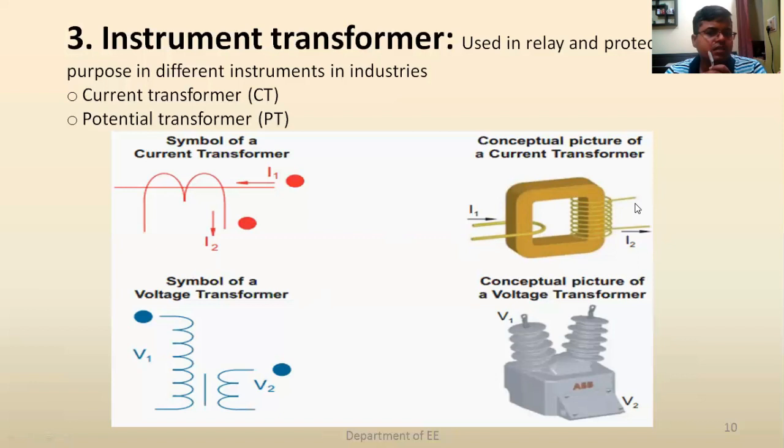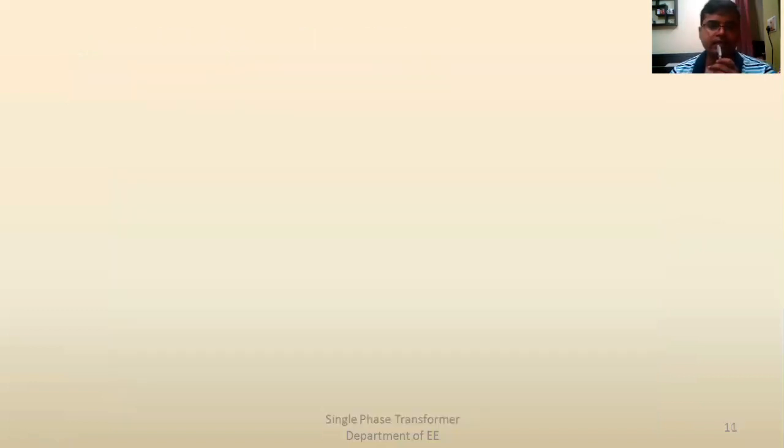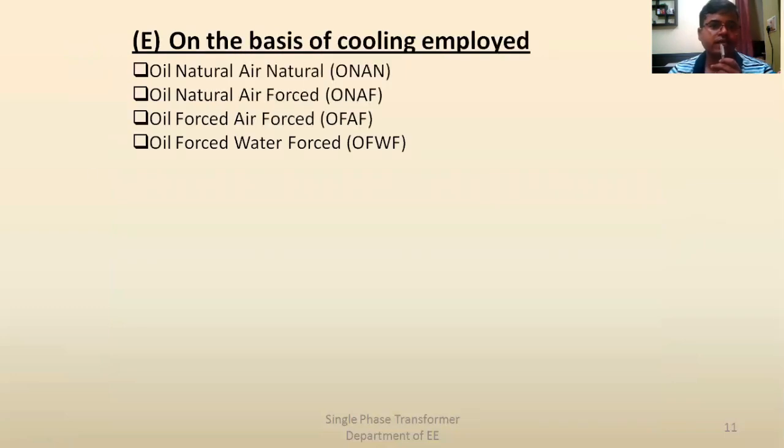The load means we may connect some voltmeter, ammeter, or it is directly connected to some relay or switchgear protection devices, right? So they are not called a load, we call it a burden. So you will find that for these transformers the load is actually a burden, it's not a load. Okay, fine. Now let us proceed.